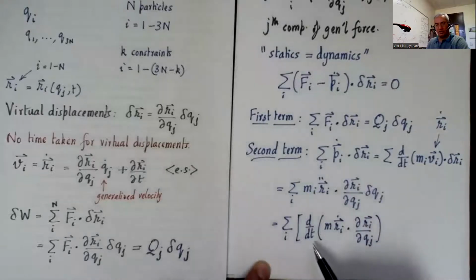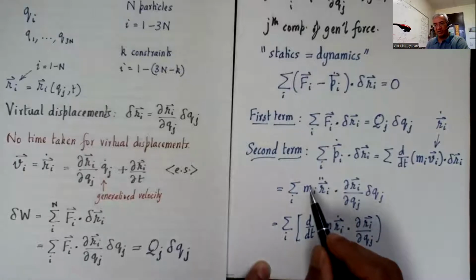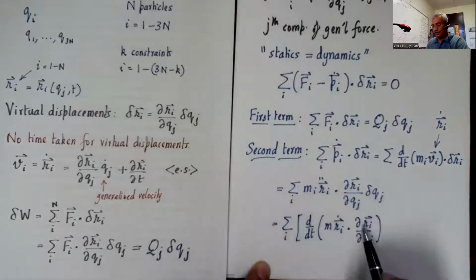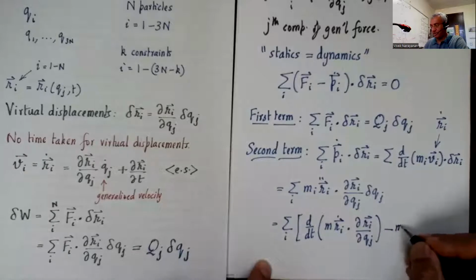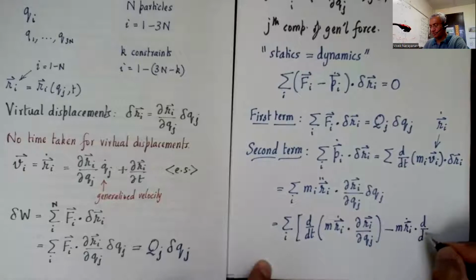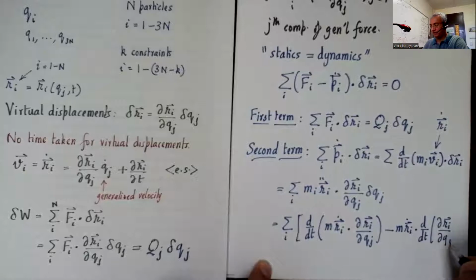Well, let's look at this. When I take the d by dt of the first term, I get that. And then I don't do anything to this. And then the second term, if I differentiate the second term, I get this, and then a derivative of the second term, so that I have to subtract. So I'm going to get minus mi Ri dot, d by dt of del Ri over del Qj.